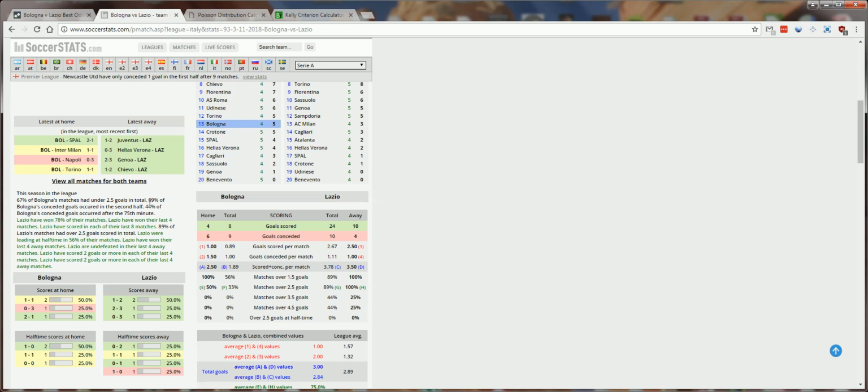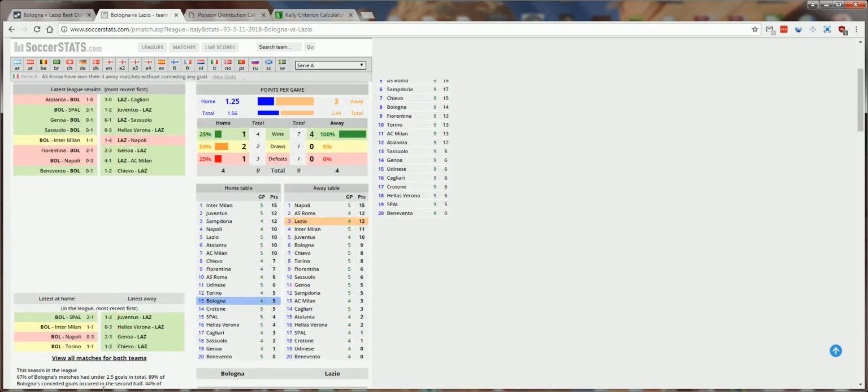They've gone 4 against. If you look, they've conceded 3 goals against Juve, 5 with Genoa, 3 with Chievo, 3 with Verona, where everyone smashes Verona. Bologna, Spal.